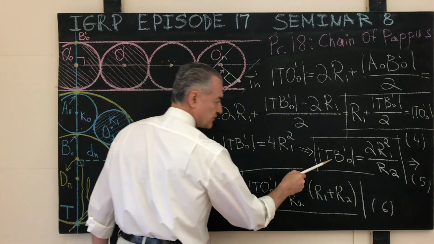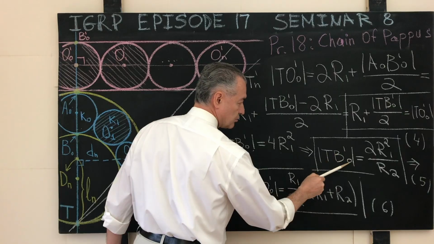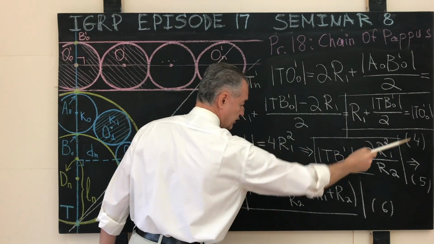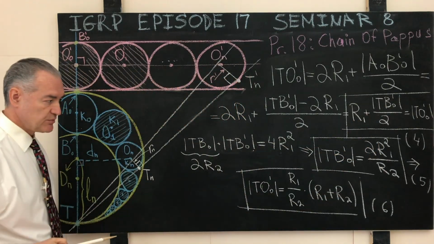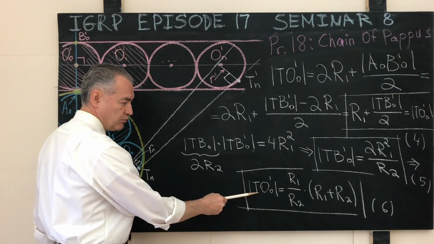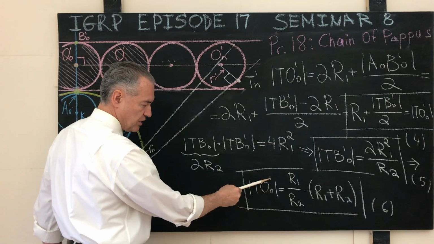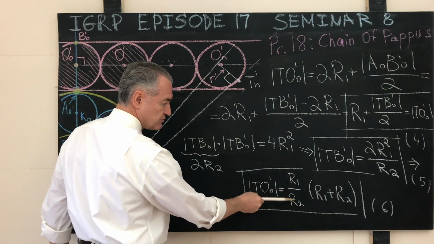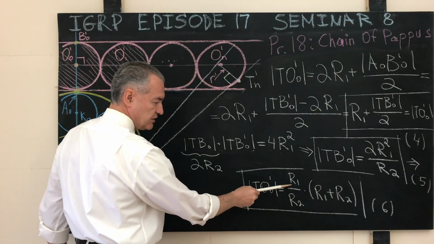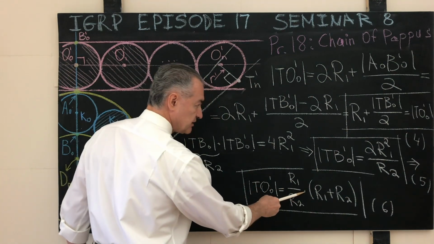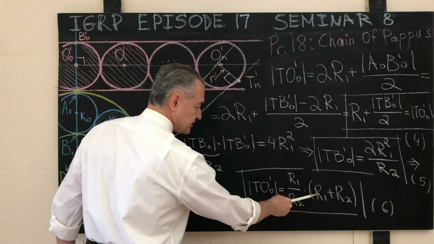And once we have the distance T B prime 0, we put it in this relationship in 4 over here, and this is a straightforward manipulation. The distance between the point of tangency of the generating circles T and the point O prime 0 is given as the ratio of the radii of the generating circles R1 divided by R2 multiplied by their sum.